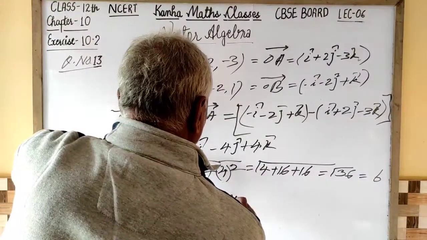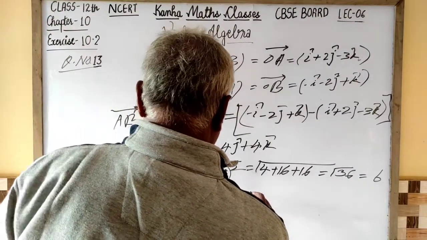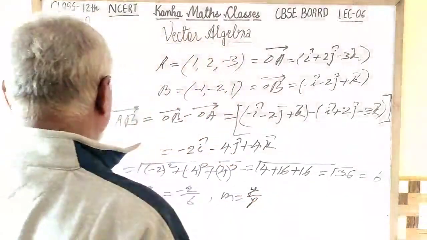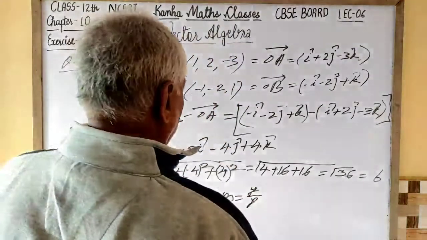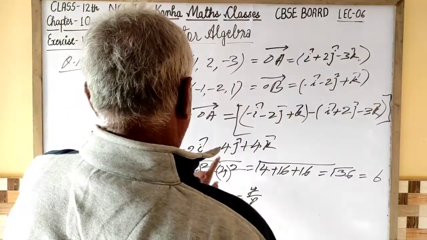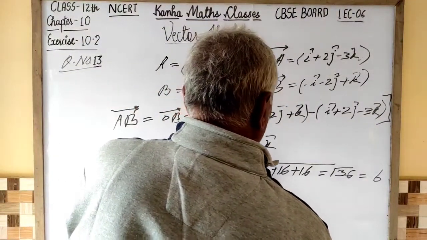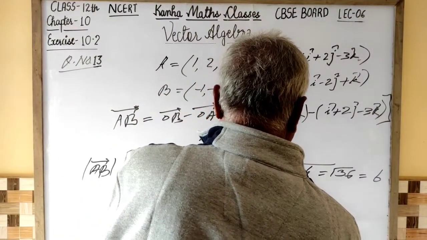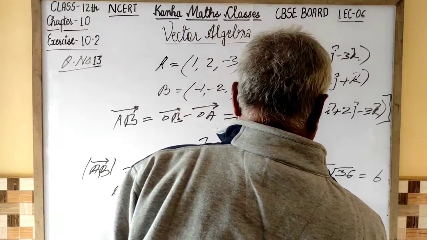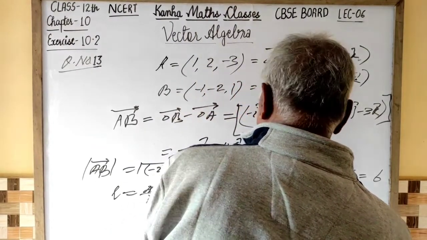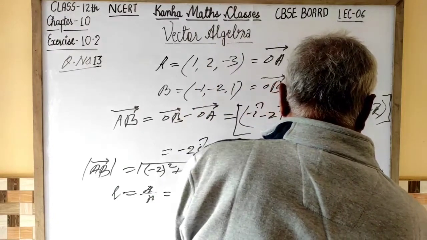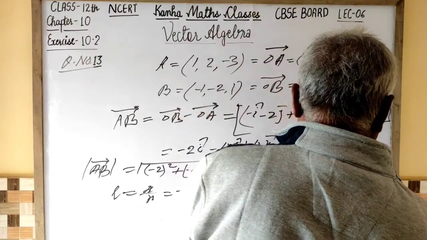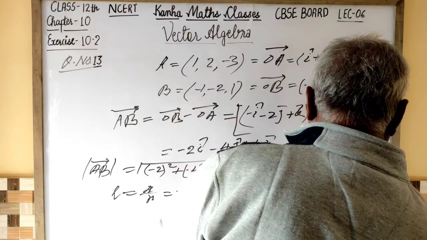And m is equal to y by r, where r is the magnitude of vector AB, and y is minus 4 upon 6. And n is equal to z upon r. What about z? It is 4, and r is equal to 6.